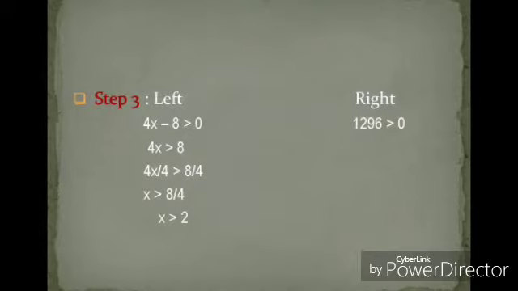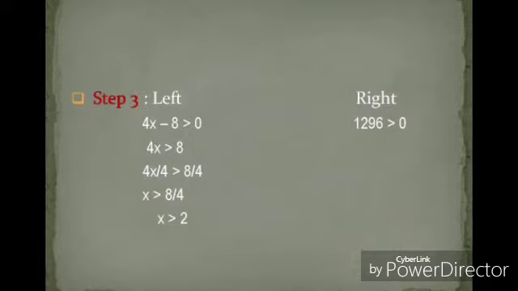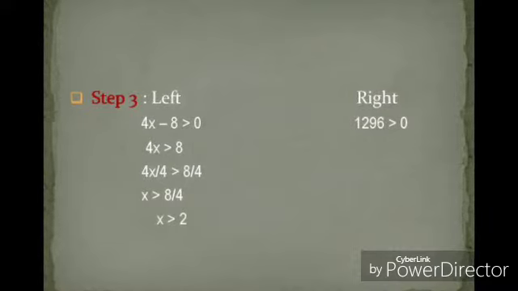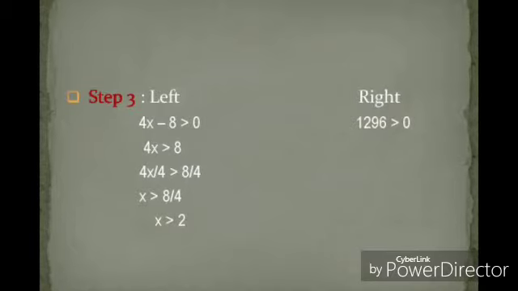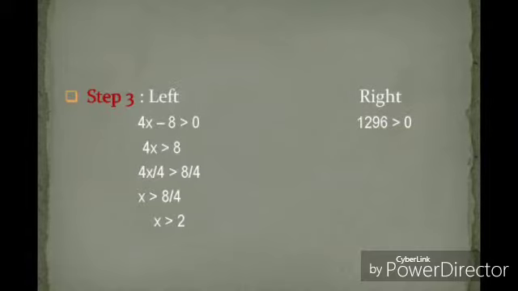Then in the third step, we are looking for x, so we divide by 4 on each side. So it will be x is greater than 8 over 4. Since 8 over 4 can still be divided, in the fourth step it will be x is greater than 2.